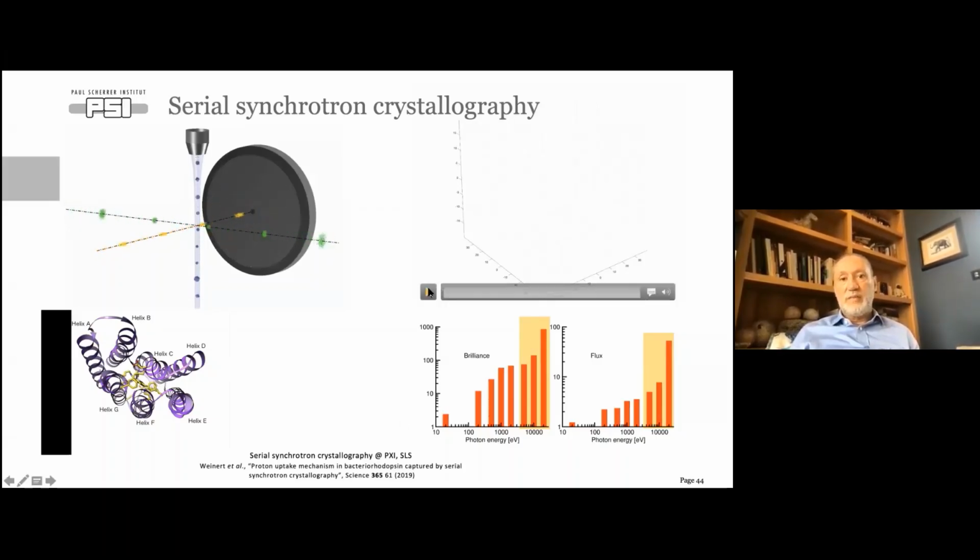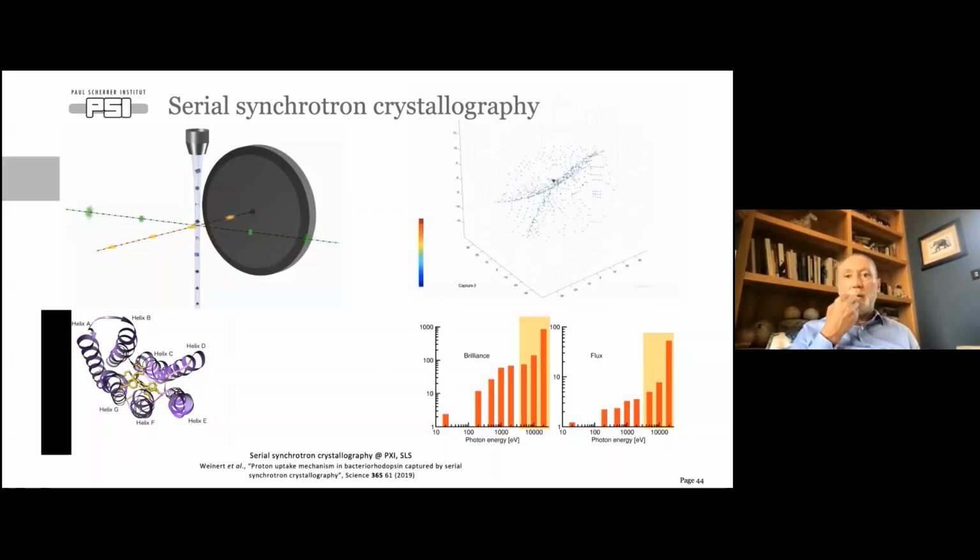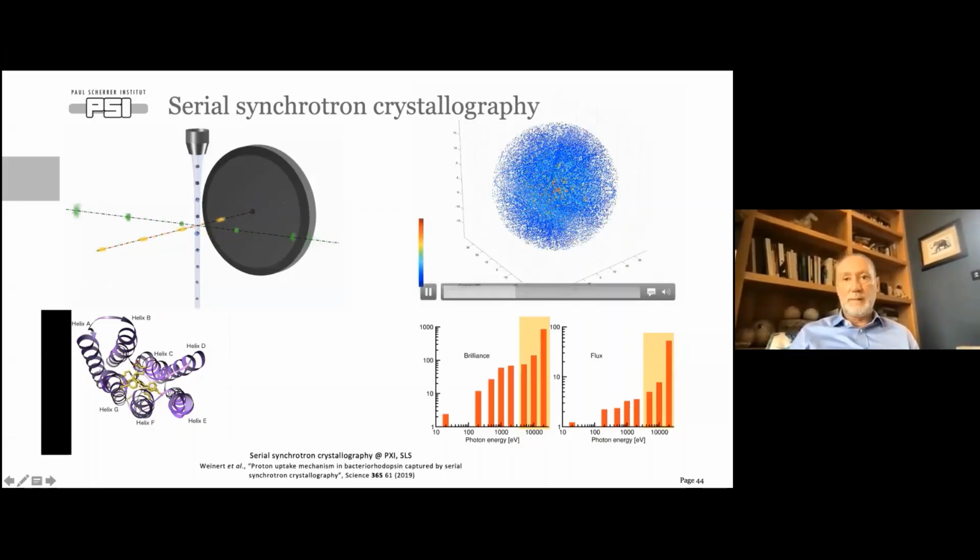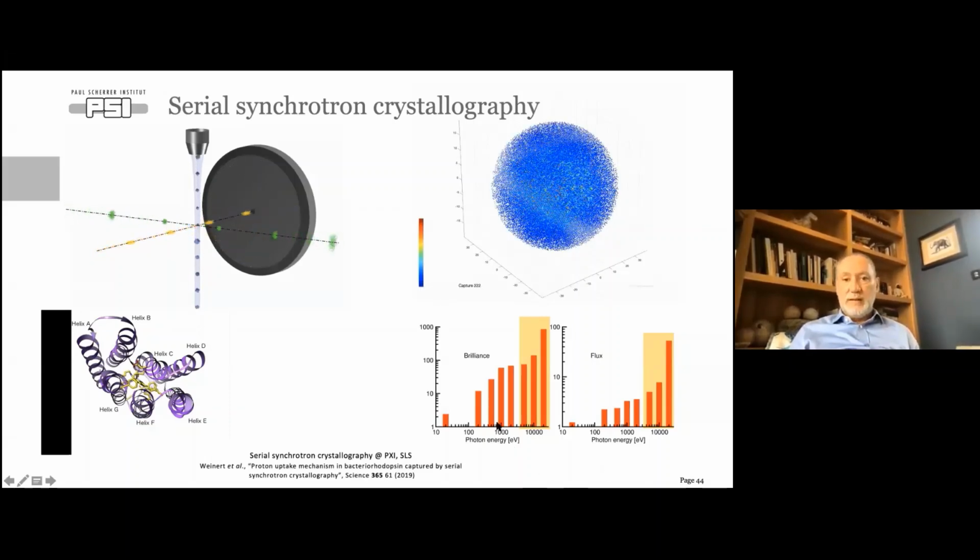The consequence of this is that we don't have a nicely formed regular diffraction pattern coming in a predictable manner, but in fact they all come in random directions, and one has to record huge volumes of data in order to fill the Ewald sphere, to fill reciprocal space, with this data. But fortunately, because we have very high brilliance and flux, this is something which hopefully the next generation of synchrotrons will really excel at.